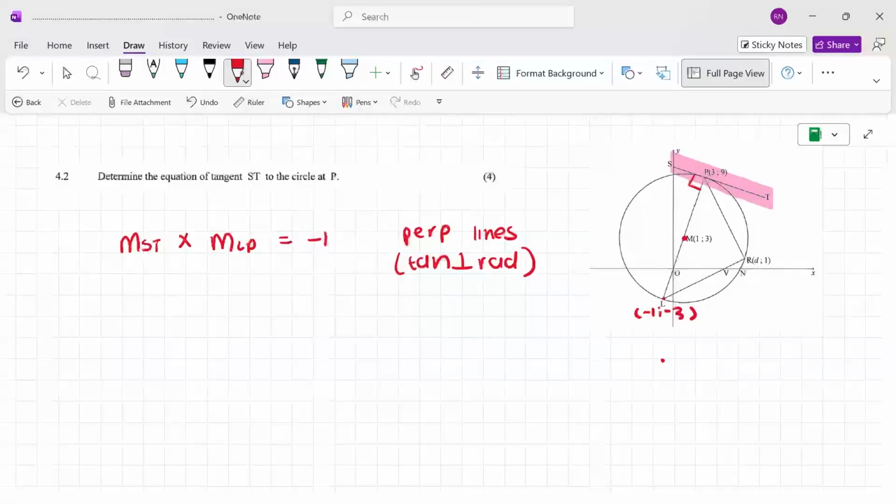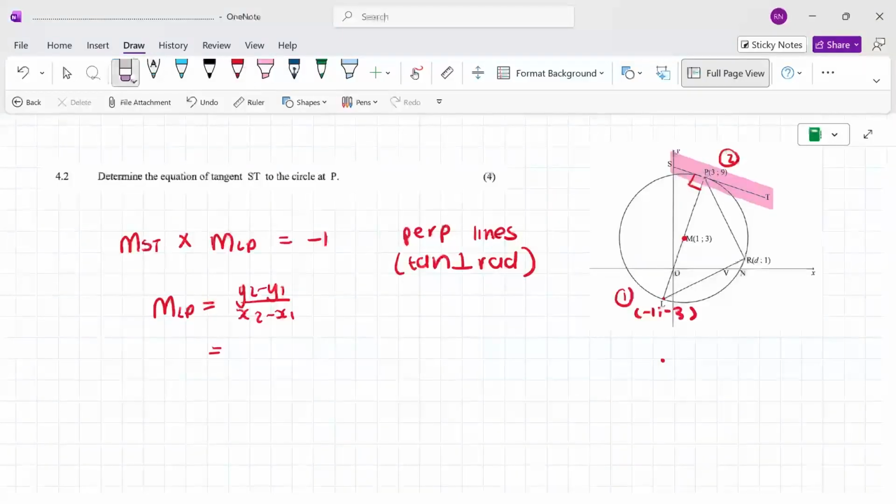And so we can now find the gradient of PL. The gradient of LP is going to be equal to y2 minus y1 over x2 minus x1, right? Let me say that this is my 2 and this is my 1.